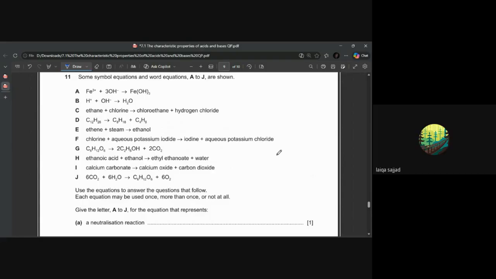Very good. It's equation number B: hydrogen ions plus hydroxide ions. Hydrogen ions are characteristic of acids, and OH ions are characteristic of an alkali. So when we react them, we get water. So the neutralization reaction is B.